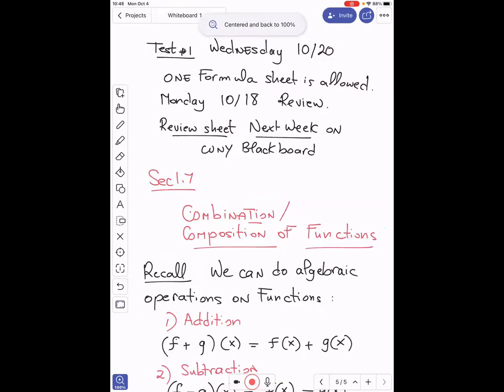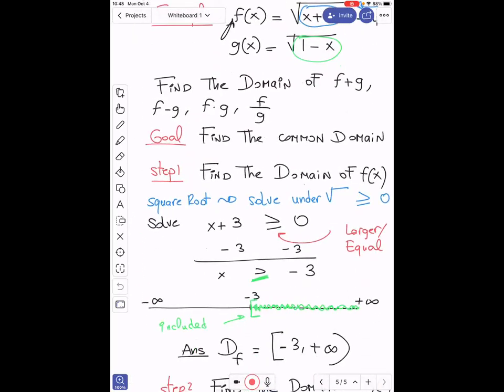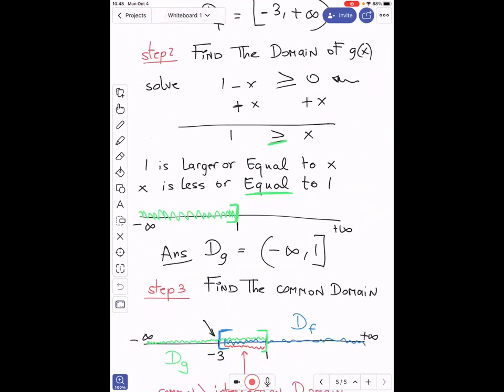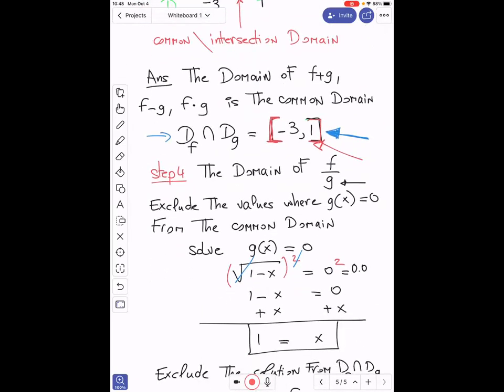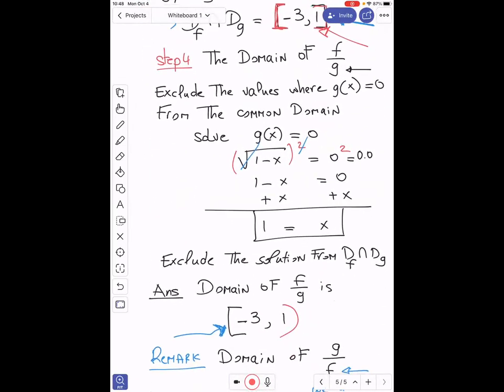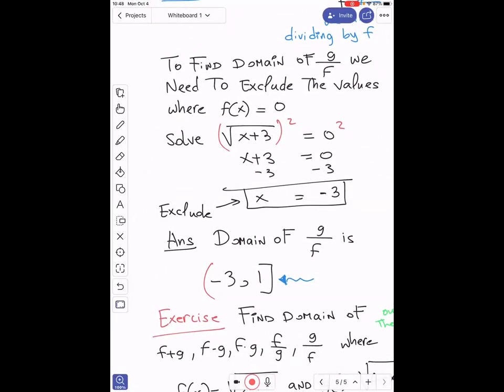Even in the previous example, this is the domain of f plus g, f minus g, f times g, and as you can see, negative 3 and positive 1 are both included. Then for the domain of f over g, we excluded the 1, which is different from the common domain. And for g over f, it's also different from the common domain.